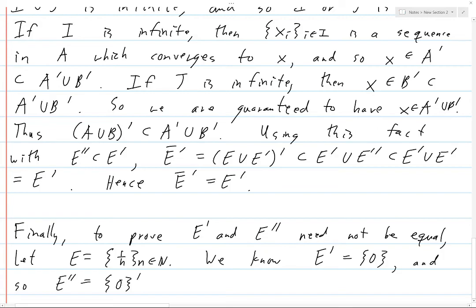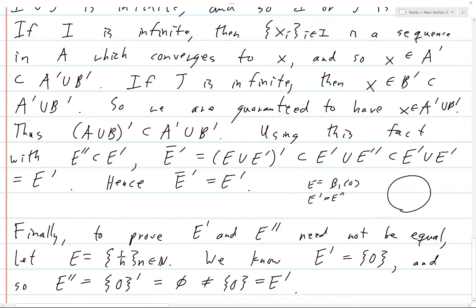Of course, there are situations where they are equal. Consider E a ball of radius 1 centered at 0. Then E prime equals E double prime, because if you think about it, anything inside the ball is a limit point, but also anything on the boundary is also a limit point.